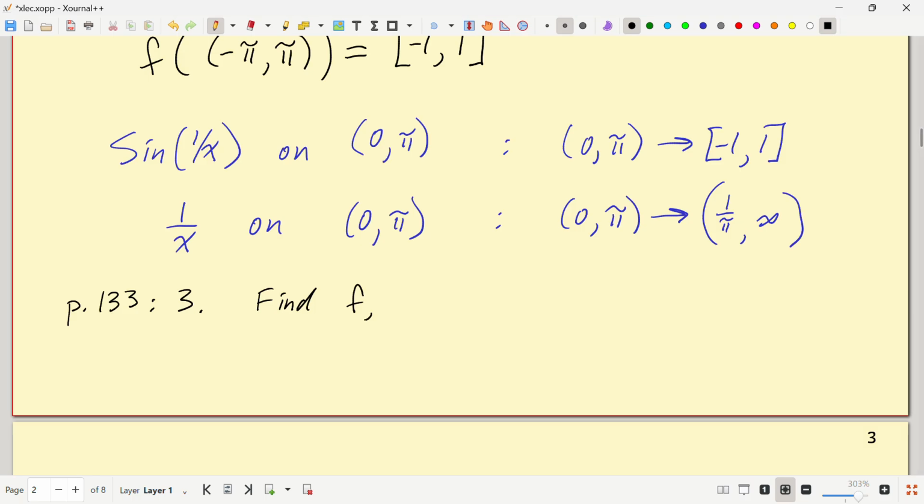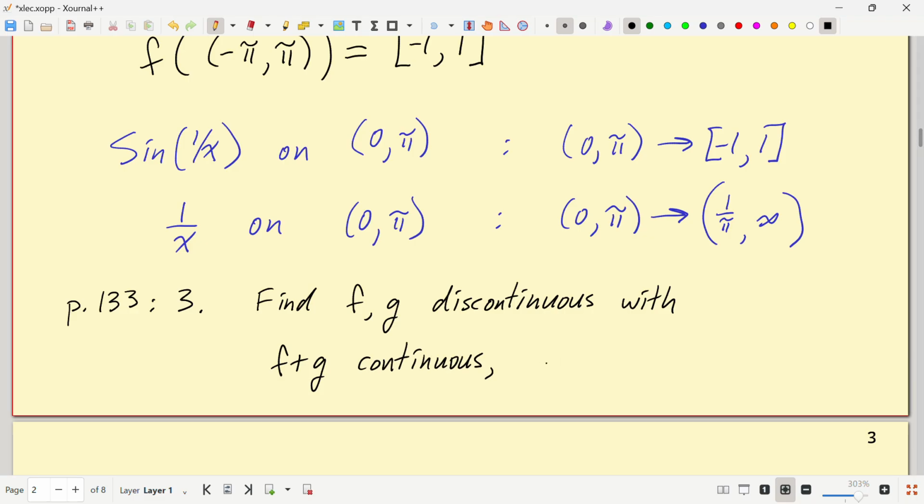Find f and g discontinuous, actually at a point, with f plus g continuous, and then part B is, or f times g continuous.